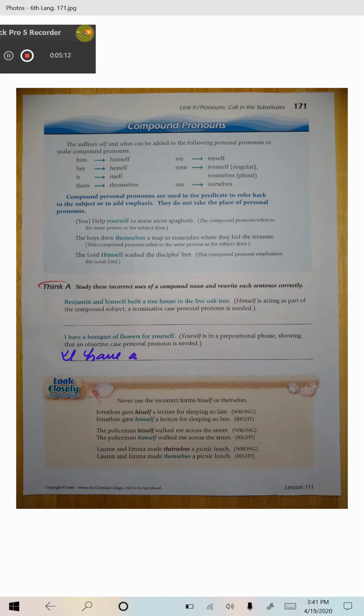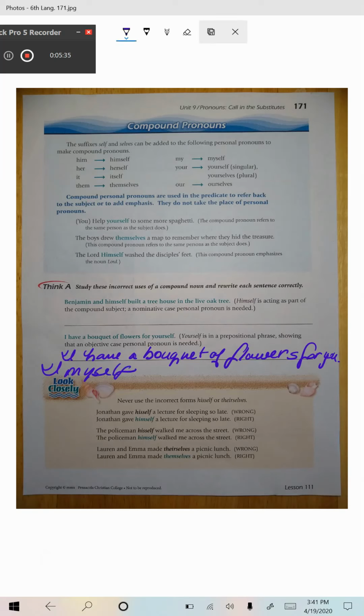Have a bouquet of flowers for you. That would probably be the best way. You could say I myself have bought a bouquet of flowers, and I won't write it all.